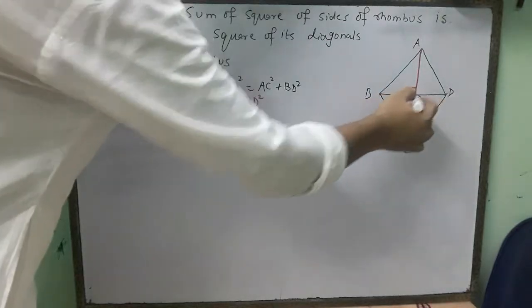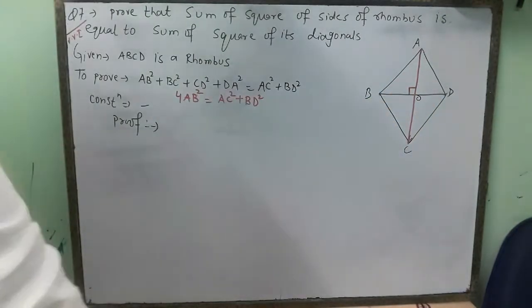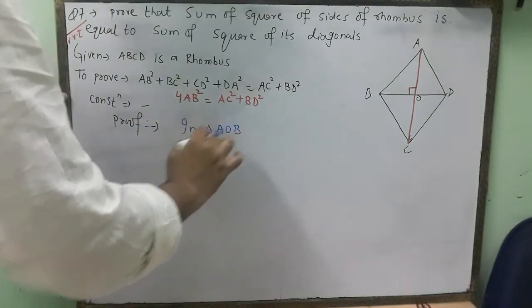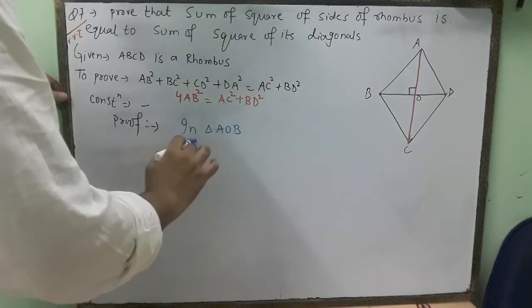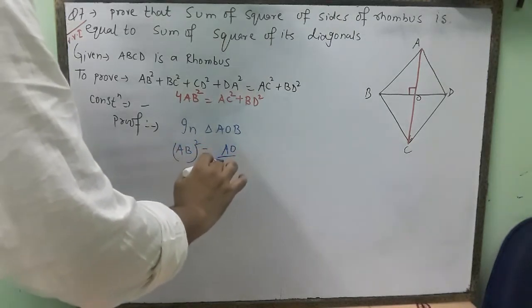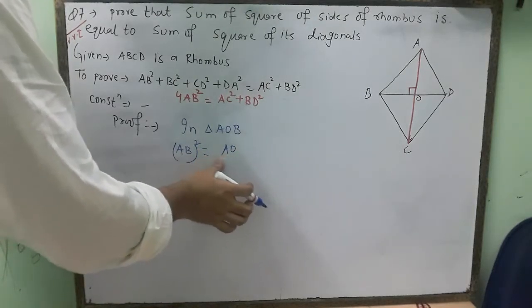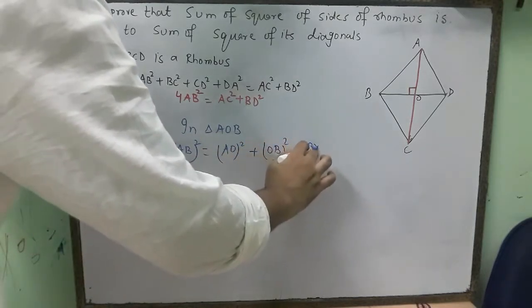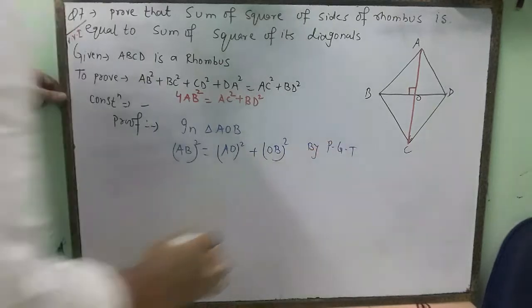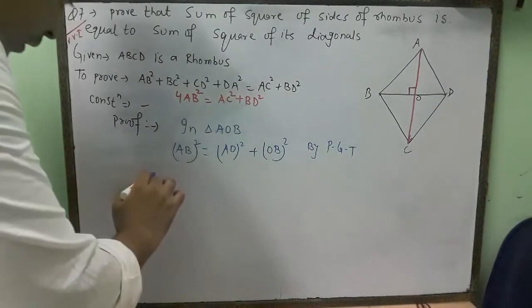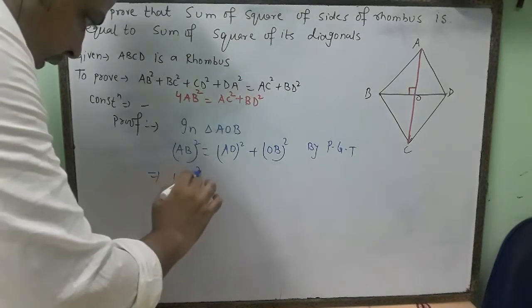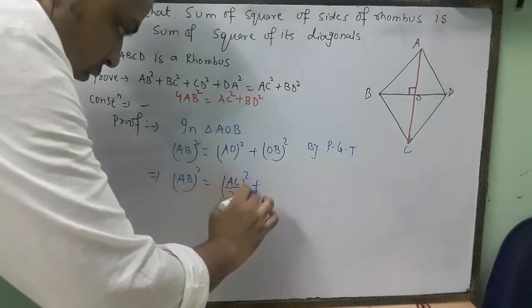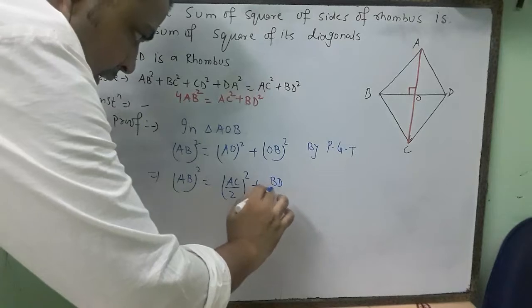Choose any one. If I go in triangle AOB, write Pythagoras theorem, that is AB square is equal to AO square plus OB square by PGT. As you know the diagonals bisect equally, so I can put the value of AO in respect to AC, it will be AC by 2 whole square, and OB in respect to BD, it will be BD by 2 whole square.